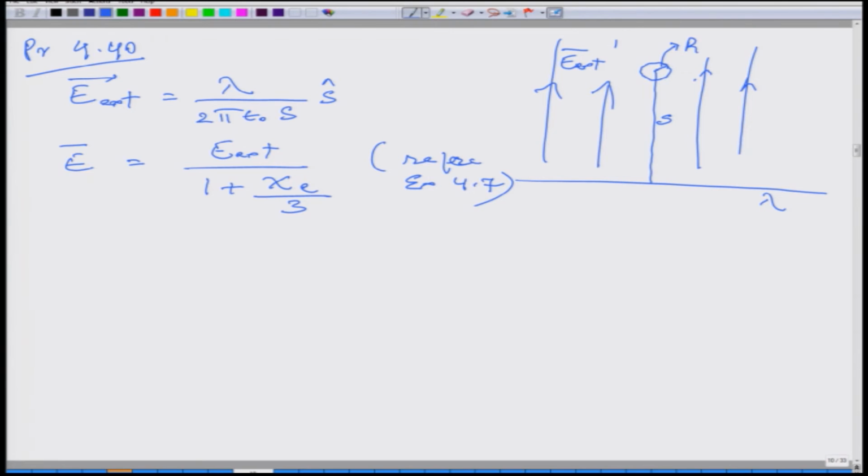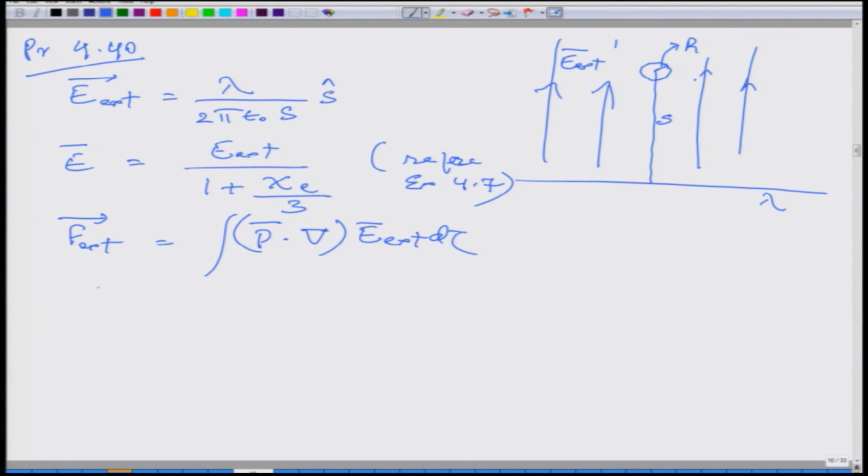Now the net force due to the wire on the sphere, I can write, will be the integral of P dot E external d tau.